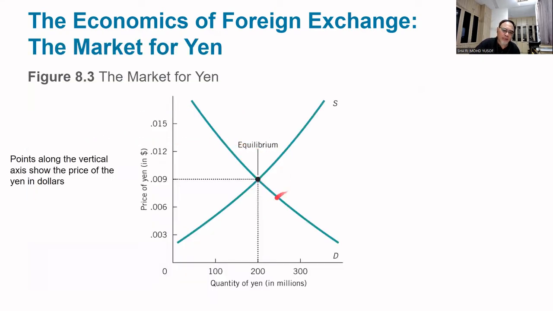So for the market for yen, what we're looking for is the equilibrium between demand and supply. Points along the vertical axis are the price of yen in dollars. How much do you need to pay to buy one yen? This is the so-called equilibrium point.